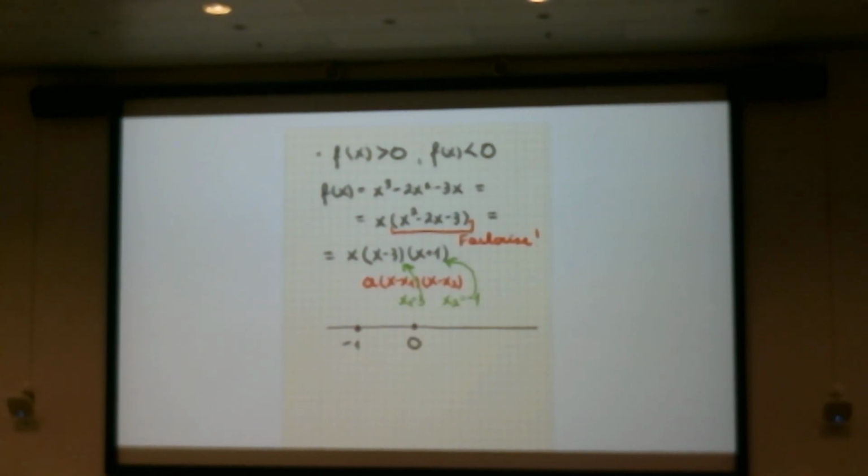It's equal to 0 at minus 1, it's equal to 0 at 0, and it's equal to 0 at 3. Right? And I have the following components. So I have x, I have x minus 3, I have x plus 1, and then I have all of it together. X, x minus 3, x plus 1.